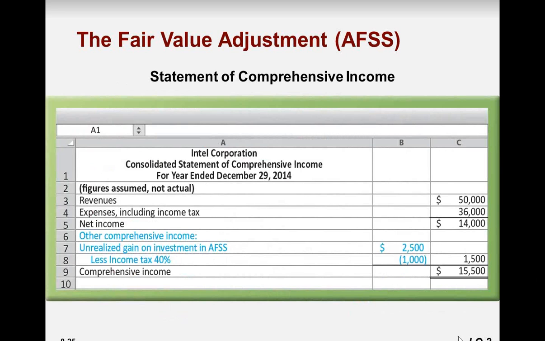Here's an example of how we have our financial statement with our revenues, expenses, net income, and then our combined statement is showing other comprehensive income, our unrealized gain on investments, less any income tax. That would mean this $1,500 is shown net of taxes, and that gives me my comprehensive income.